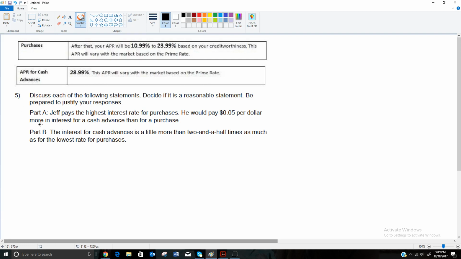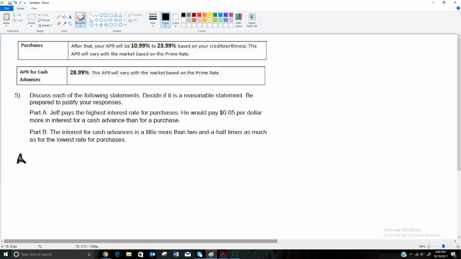And it says, for Part A, Jeff pays the highest interest rate for purchases. He would pay 5 cents per dollar more in interest for cash advance than for a purchase. For Part B, the interest for cash advances is a little more than 2.5 times as much as for the lowest rate for purchases. So we're just going to talk about if these are reasonable statements, if these are true.